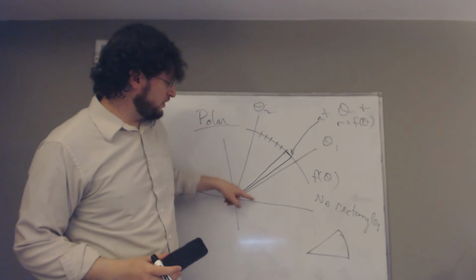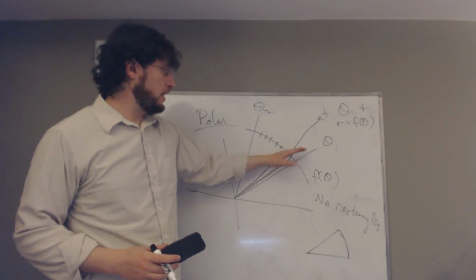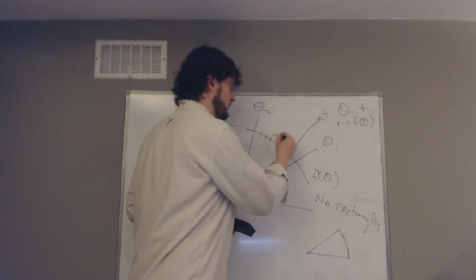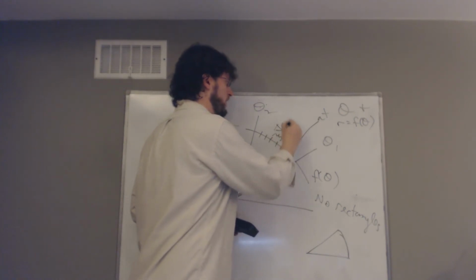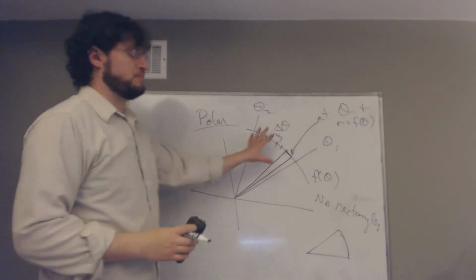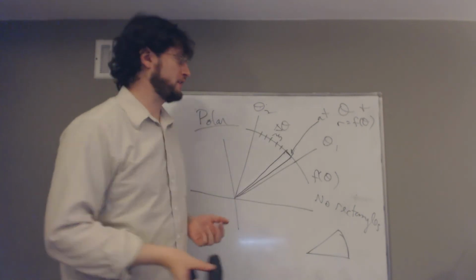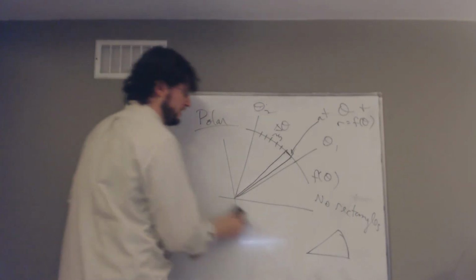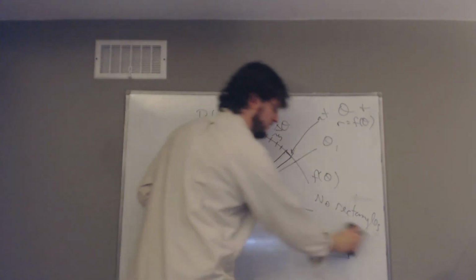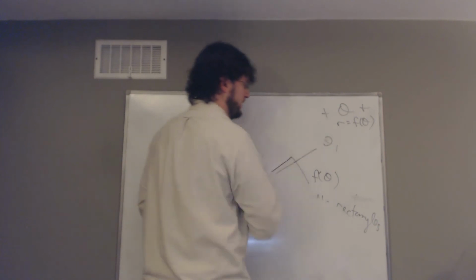So if I have a particular angle theta, and I have a particular f at theta, and this length in here will be our delta theta, how much we jump each step. This is a kind of a long process, and in the end we're going to get to a formula that we just have to practice using. I'm not going to test you on all of this Riemann sum stuff, but this is just if you're interested and you want to get some idea about how we get to this final formula.